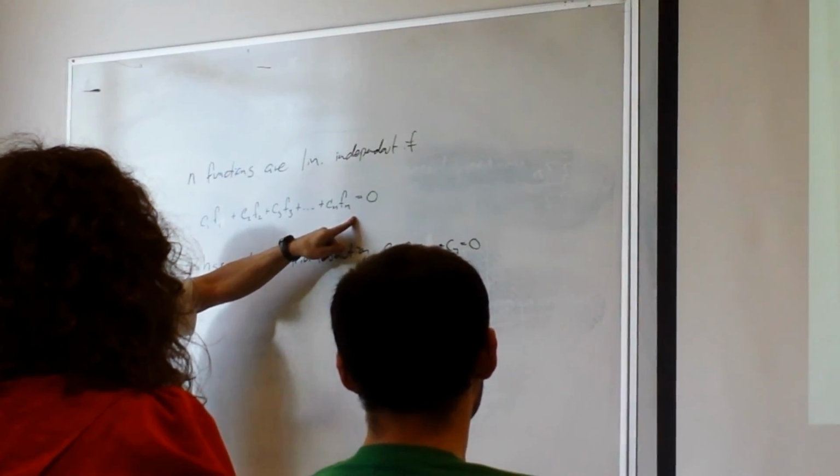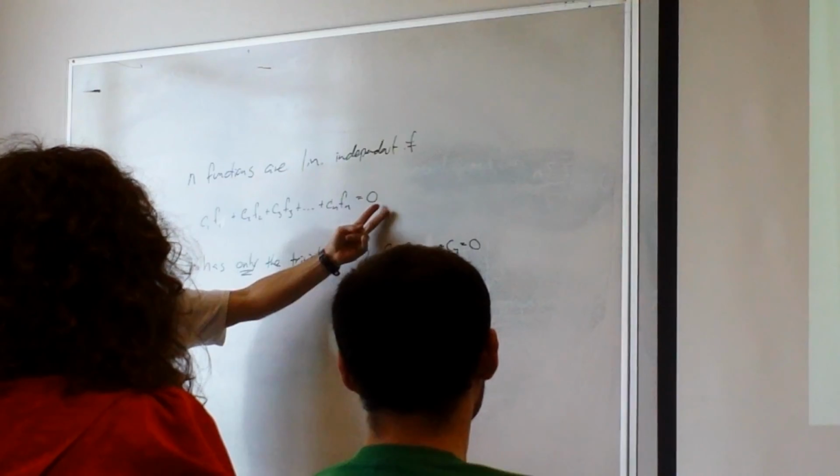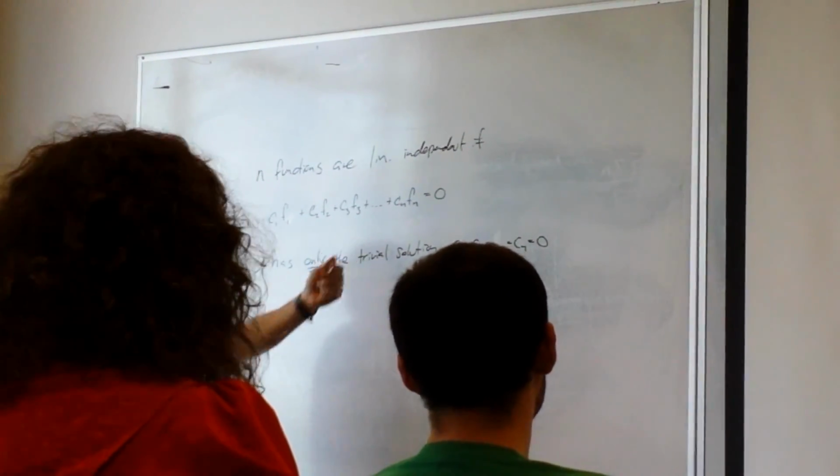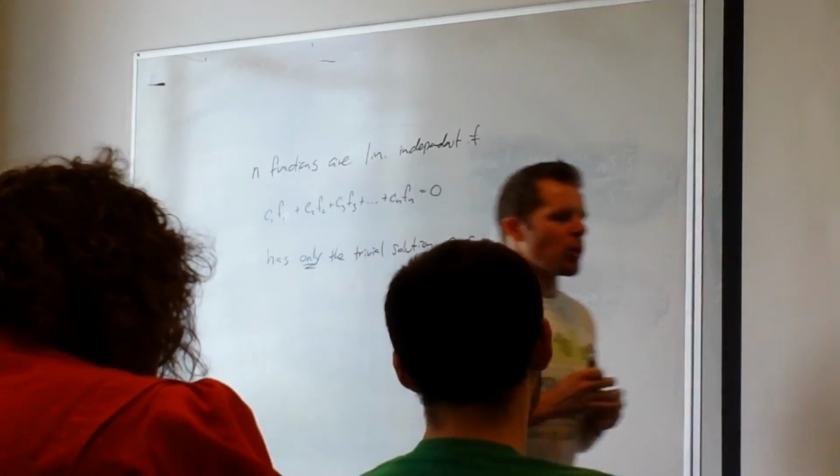An alternate way of thinking about that is that none of these functions can be expressed as a linear combination of the remaining n minus 1 functions. Okay, but not terribly important. We just need them to build our general solution.